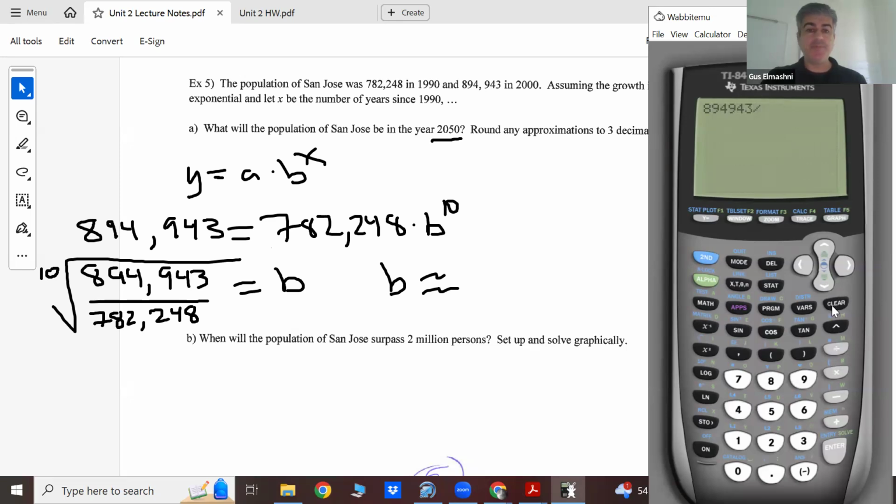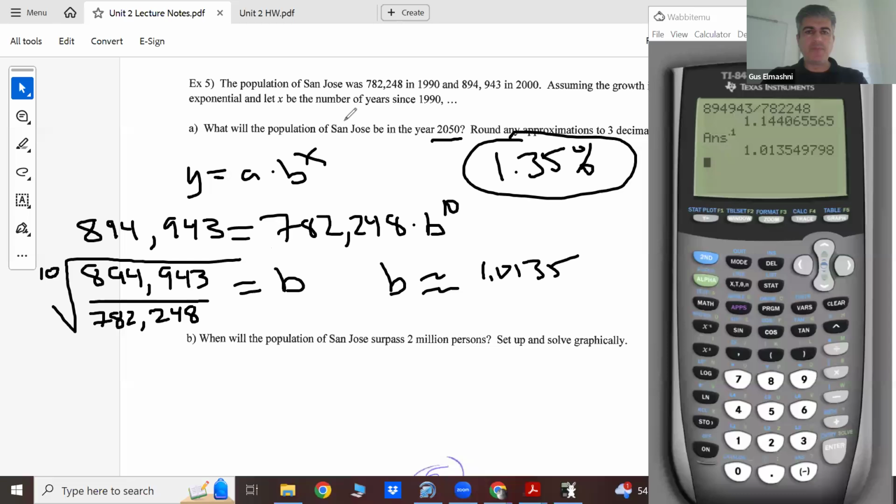You guys know, right? 894,943 divided by 782,248, and then raise that to the 0.1 power, which is 1/10. That gives 1.0135. So it's about a 1.35% increase per year.